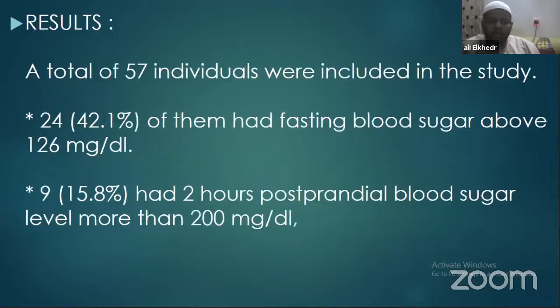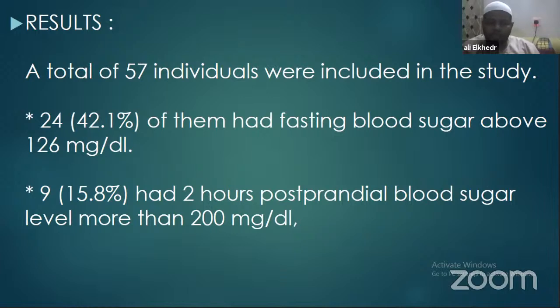The results were that a total of 57 individuals were included in the study. 24 of them, which was 42.1%, had a fasting blood glucose level more than 126, which is the definition of diabetes mellitus.